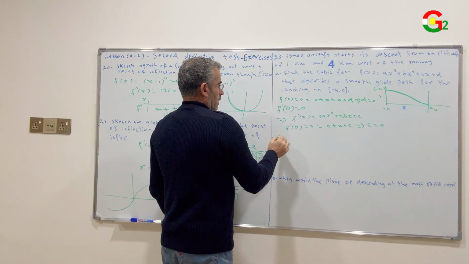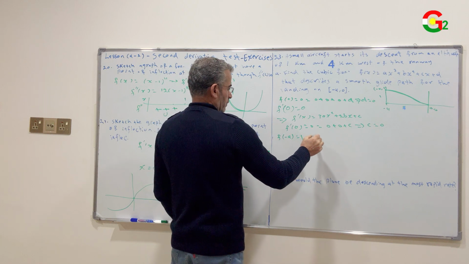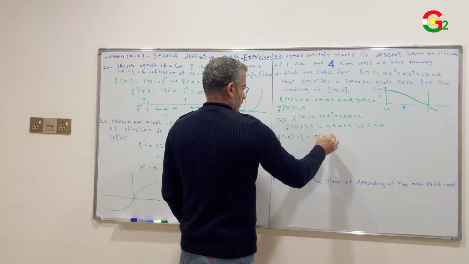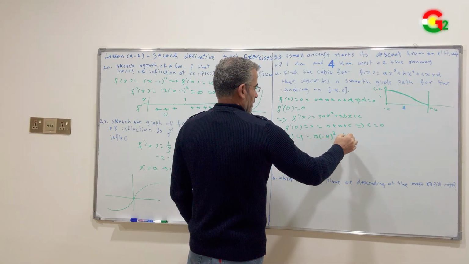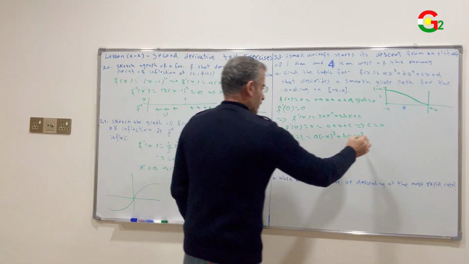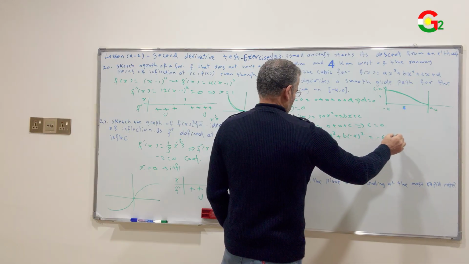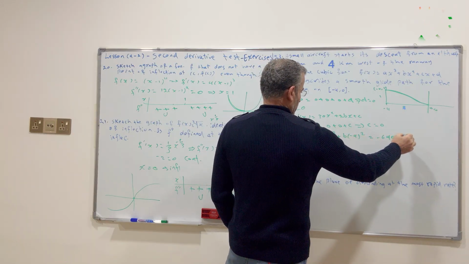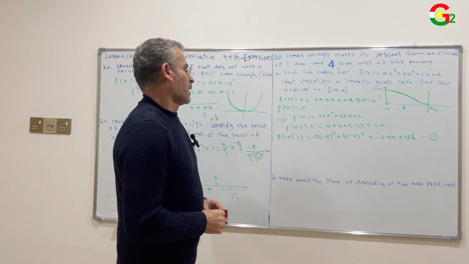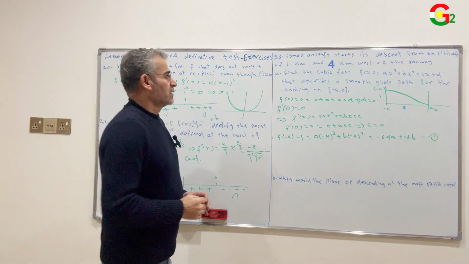Therefore, f of negative 4 equals 1 equals a times negative 4 to the power 3 plus b times negative 4 squared plus 0 plus 0, which is negative 64a plus 16b. This is equation 1.